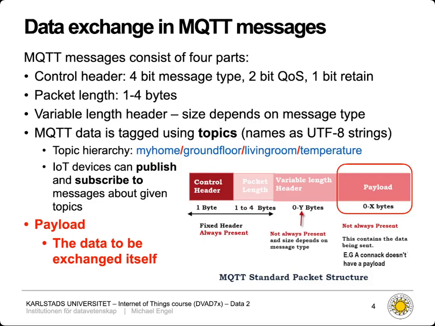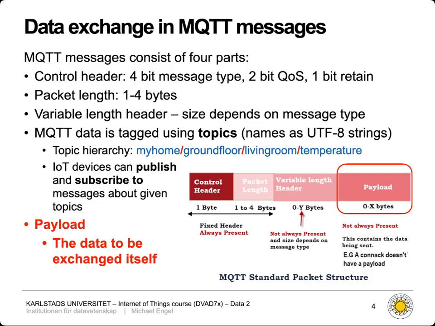So we have all these parts relevant for actually getting packets from sender to receiver, or in MQTT's case, from a publisher to a subscriber. And we have all sorts of meta or administrative information, like a packet length, information about the quality of service of a packet, and so on. And finally, we can also already identify which subject or topic, as it's called in MQTT, a certain packet belongs to by looking at a topic.